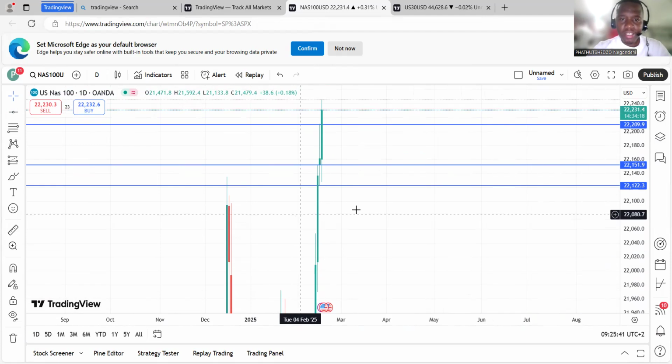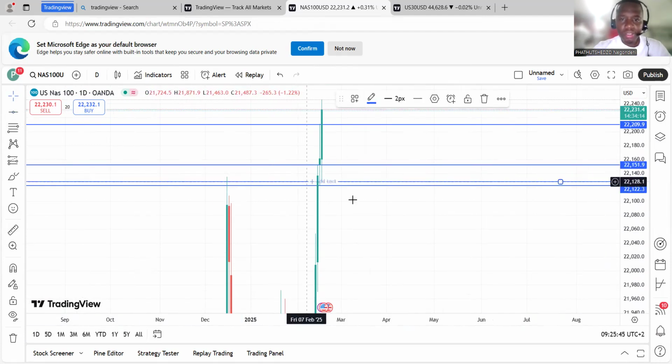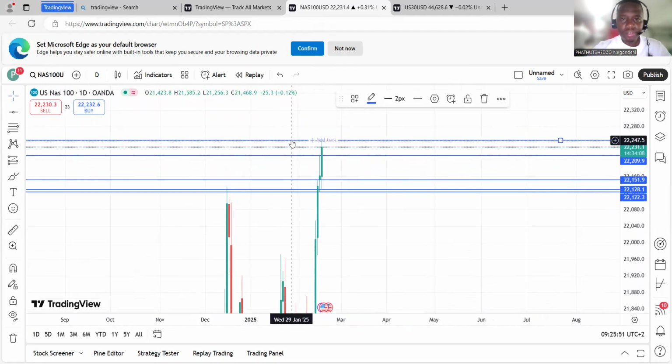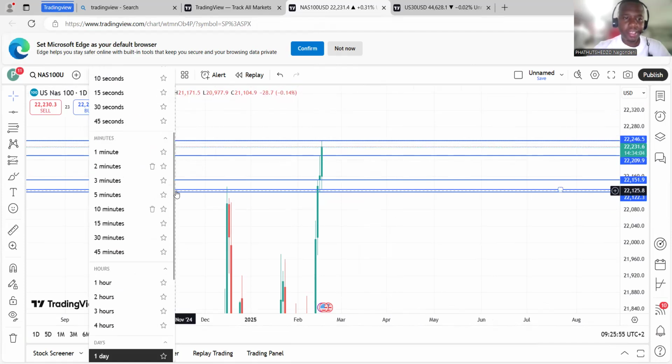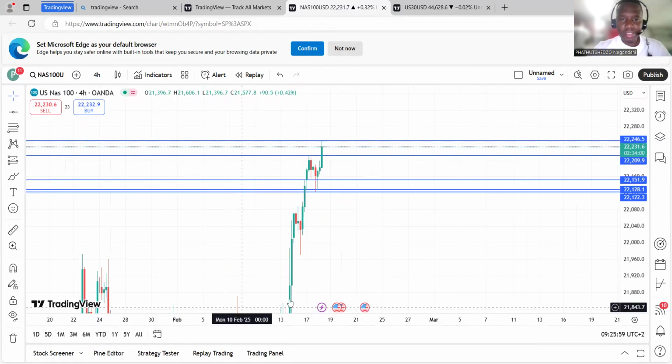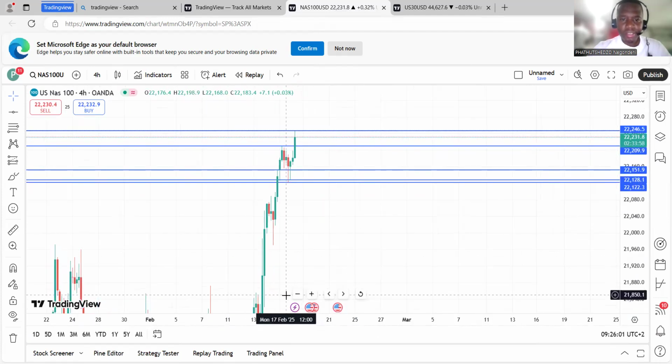Yes, I know I'm analyzing how I analyzed US30. But nah, you're not moving the same, guys. So here the trick is simple now.